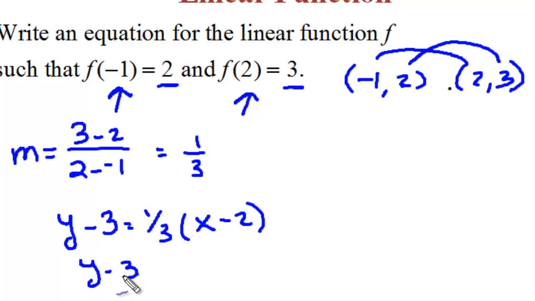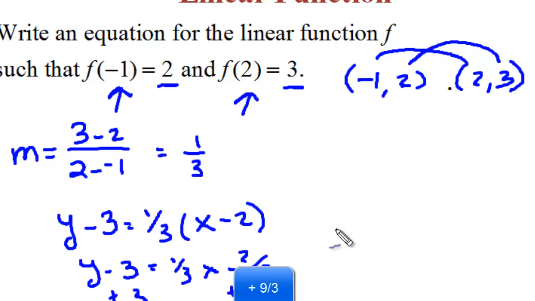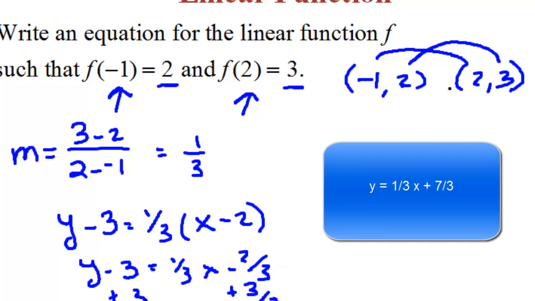This would be y minus 3 equals 1/3 x minus 2/3, and then we want to add 3, and we'll add 9/3, so we get y is equal to 1/3 x plus 7/3.